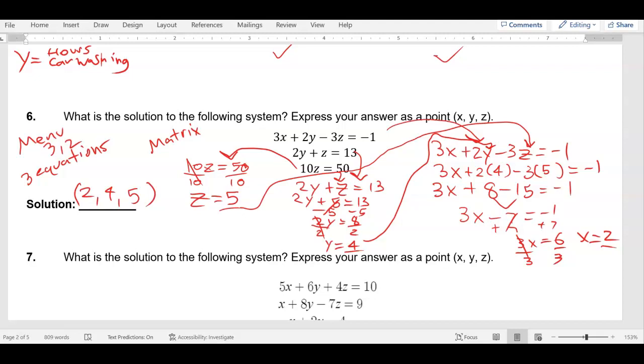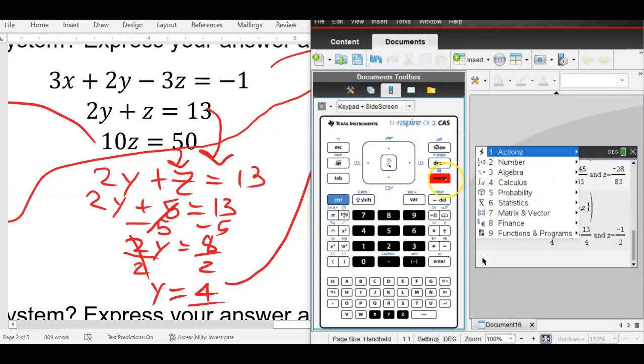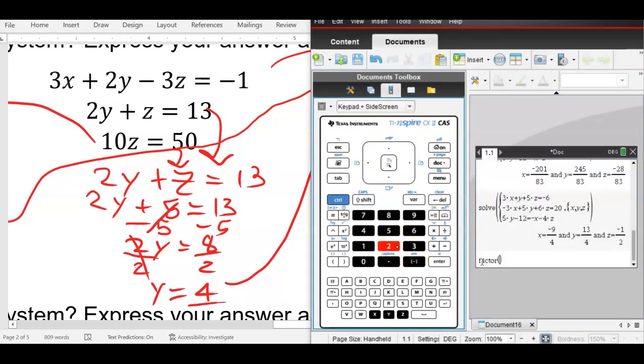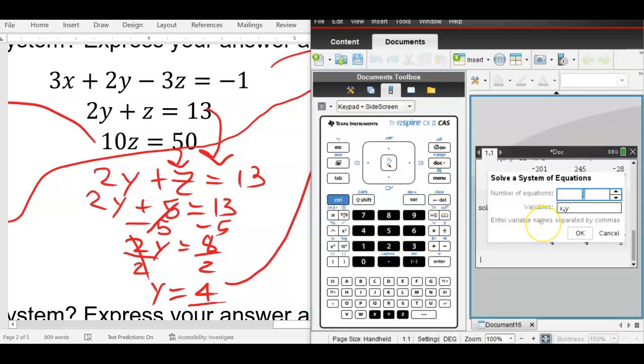Okay. Remember, you can put this in your calculator. Menu 3, 2. Menu 3, you press 2. Just make sure you put a 3 equation, okay?